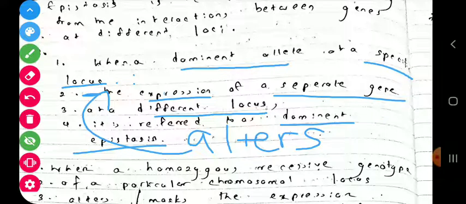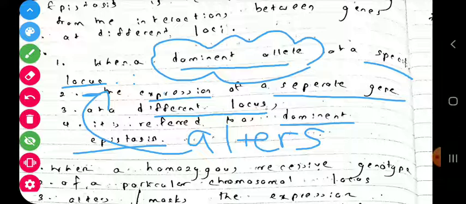So the dominant allele, keyword dominant allele, at a specific locus alters the expression of a separate gene at a different locus. It is referred to as dominant epistasis. So remember the explanations that I gave before explaining the definition again, then you can really understand this better.